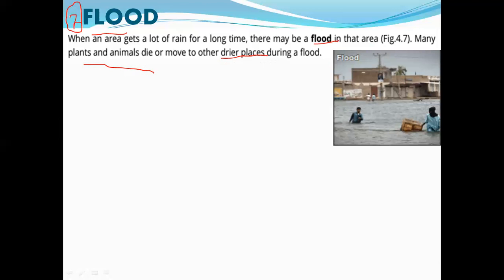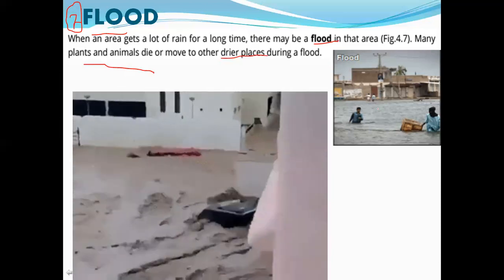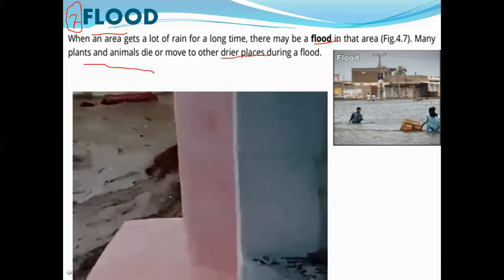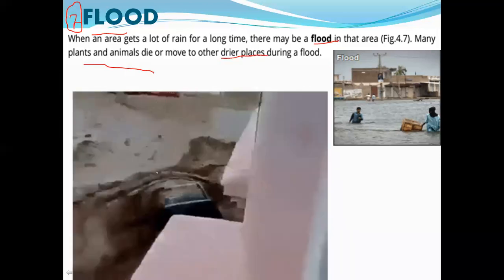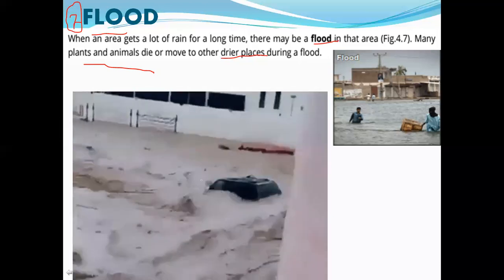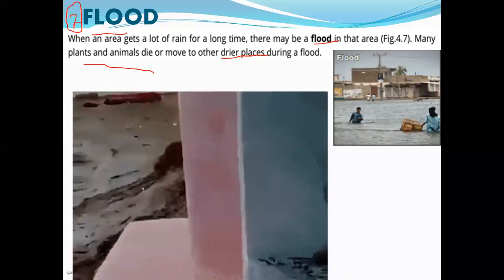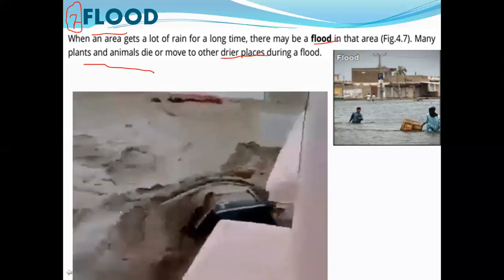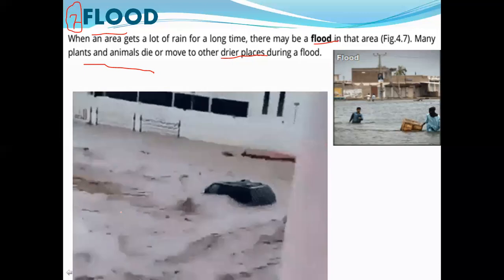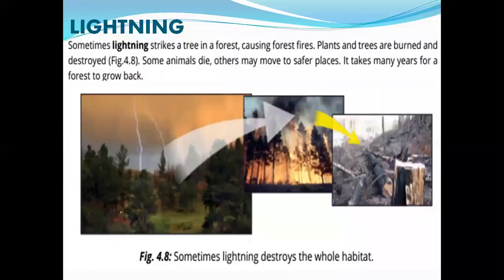This happens every year because there is too much rainfall in the monsoon season. So many times there is flood in lots of areas every year. You can see the effect of this flood. It can wash away everything with its pressure. So the animals can die in such conditions.